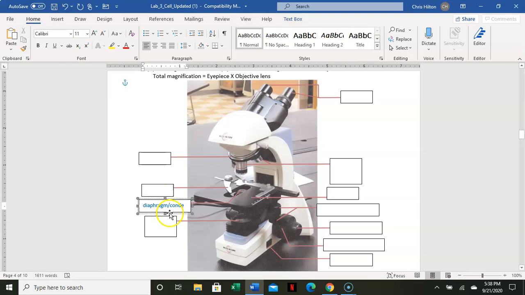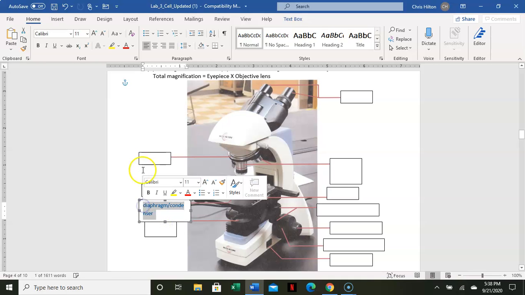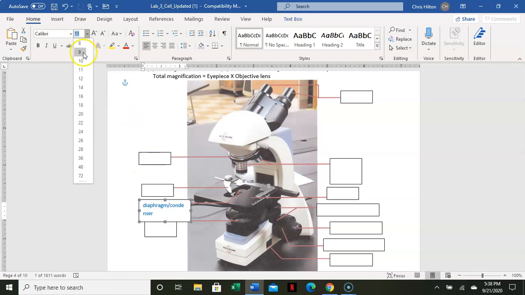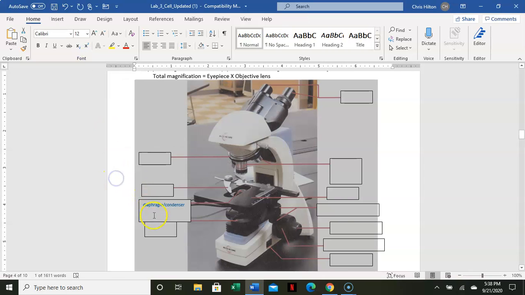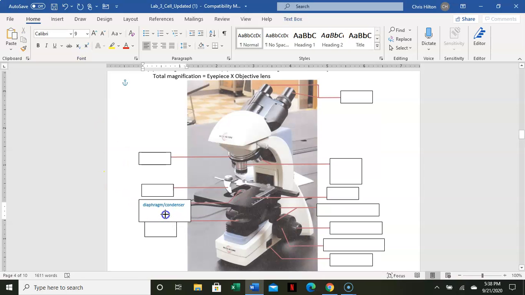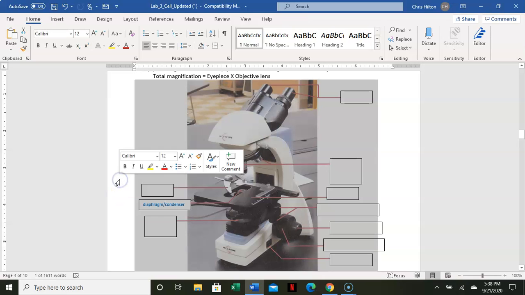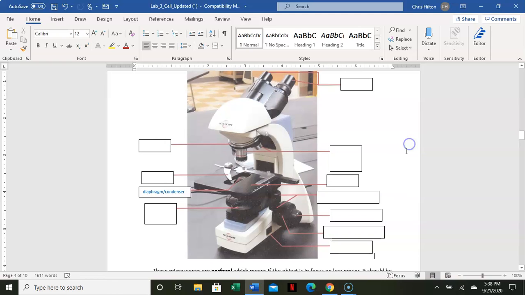You might change the font size or something so that it all fits. Anyway, so that's your diaphragm and condenser. And the diaphragm controls the amount of light that hits your specimen. The condenser focuses light on your specimen.